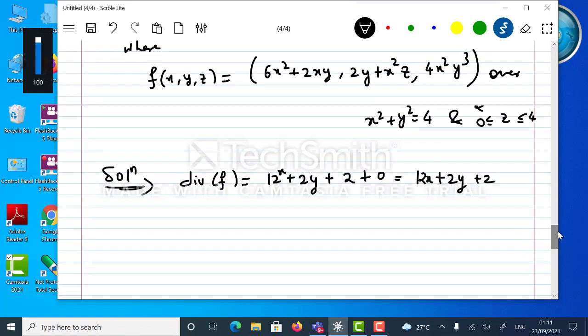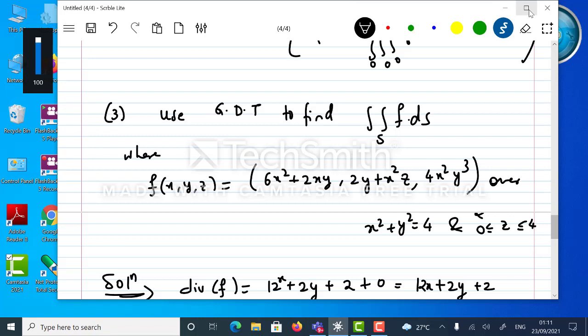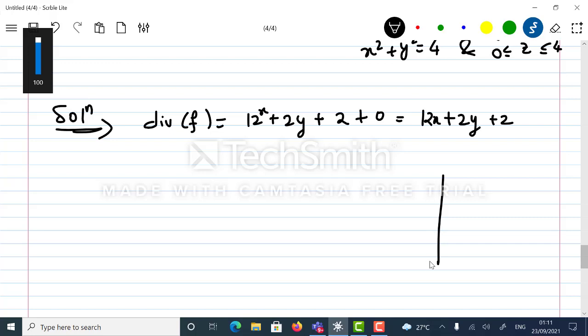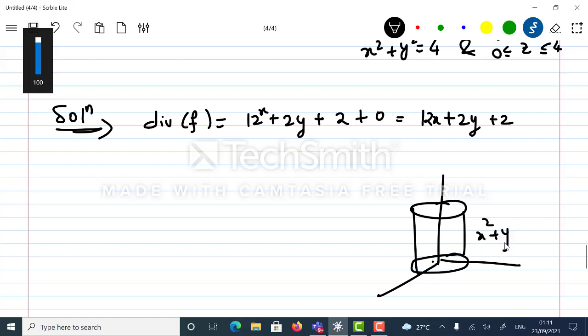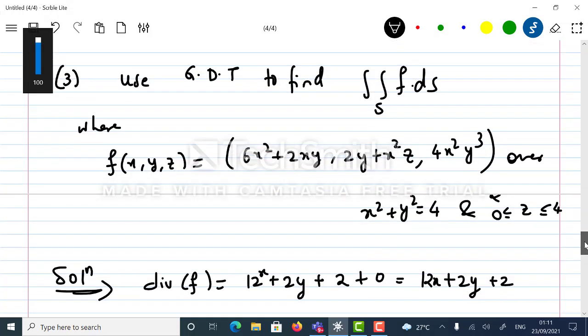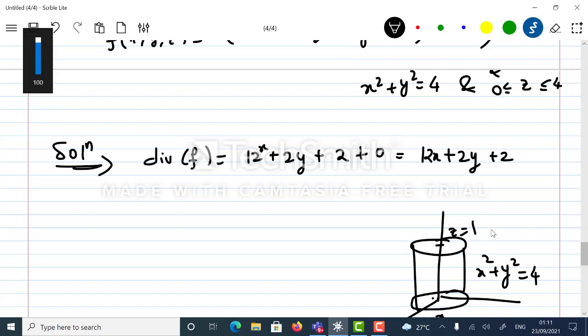I need to find the triple integral. Let me draw the region. x² + y² is equal to 4. And what else is given? z is between 0 to, I think it is 1. Let me cross check. Yeah, no, it is 4 only. Z is equal to 0 to 4.